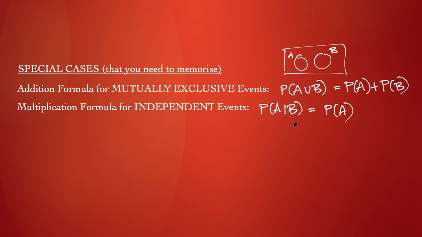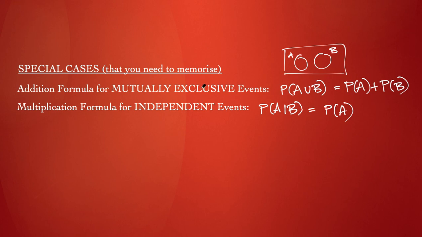If B doesn't affect A because they're independent, then the probability of A given that B has happened is exactly the same as the probability of A. It doesn't make any difference. So we can sometimes use this together with the multiplication formula to answer some difficult questions with independent events.